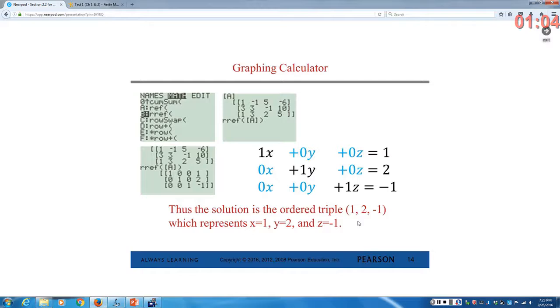You want to do math, and on math, scroll down to option B, RREF. RREF stands for Reduced Row Echelon Form. Just hit enter.